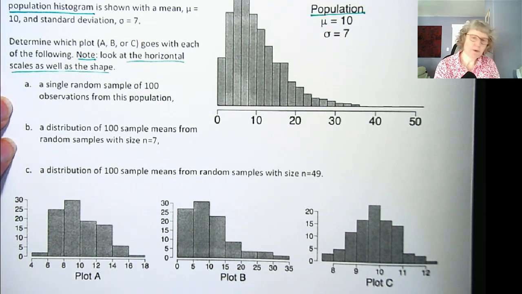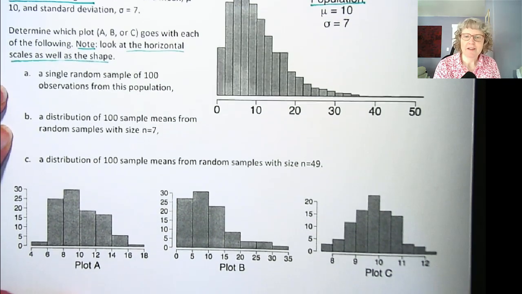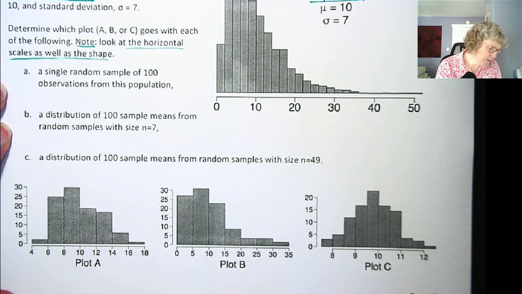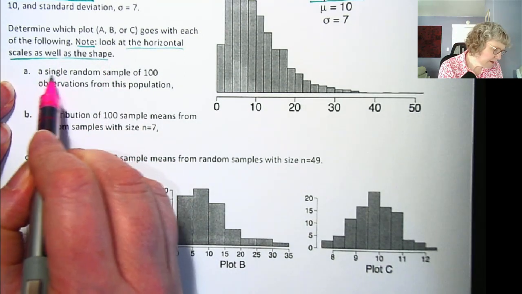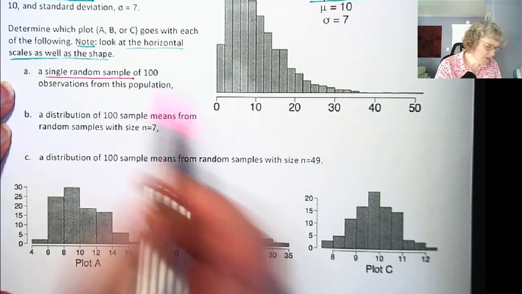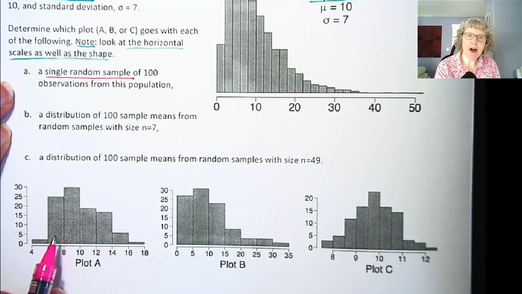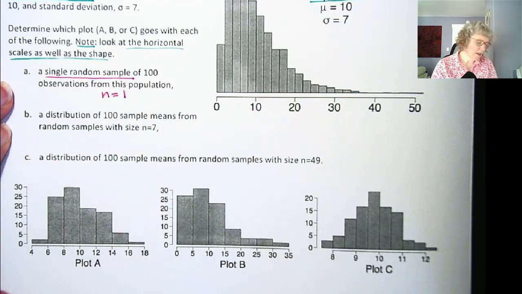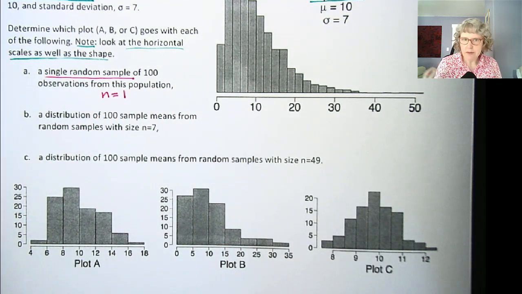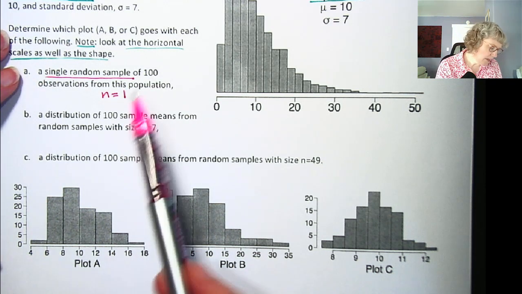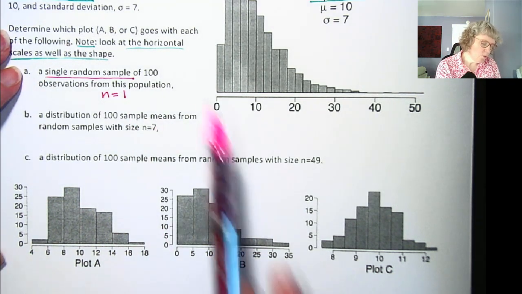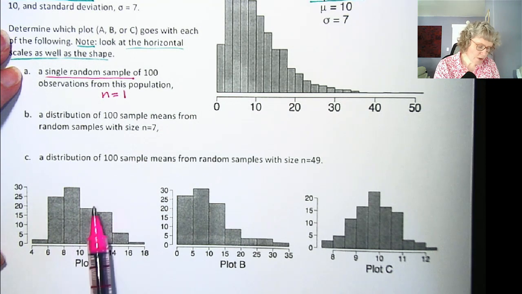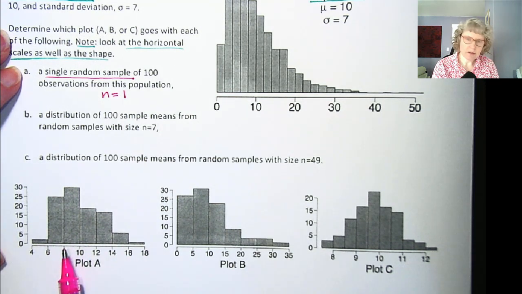Okay, I'm back. This A was throwing me off for a second, so I want to explain it well, because that's why I put it on here. So A says a single random sample. First I was thinking, well, there would only be one box there. But think of this as like n equals 1. So we're taking a regular random sample, so we're going to have 100 observations. We're going to look at one sample, so we would have 100 individuals on our plot.